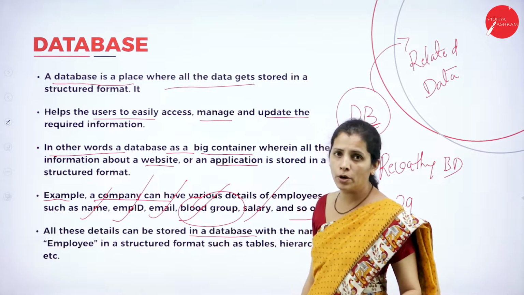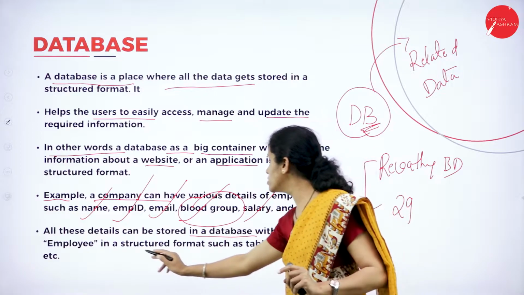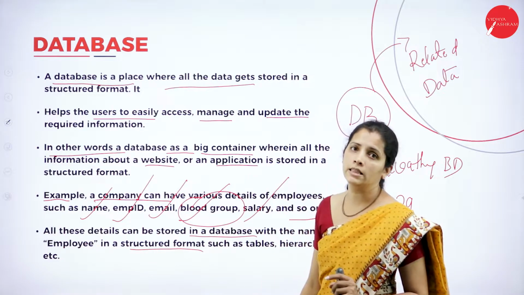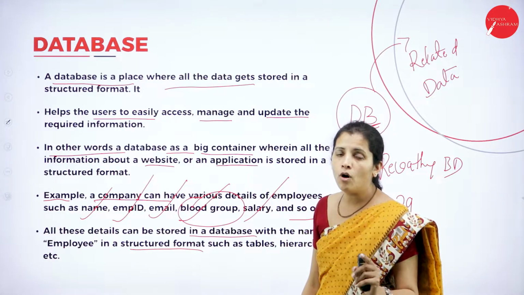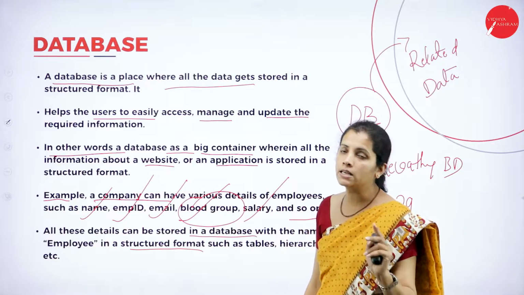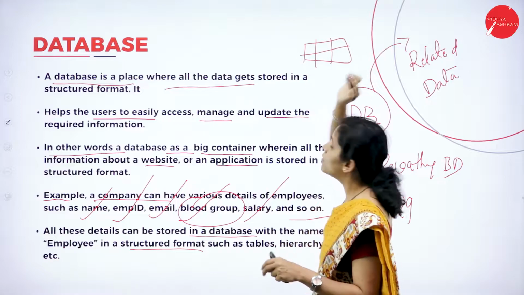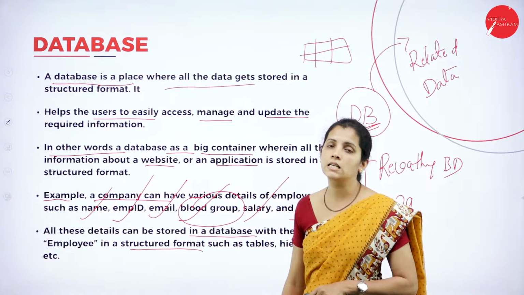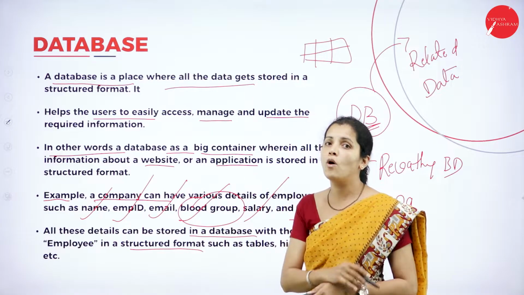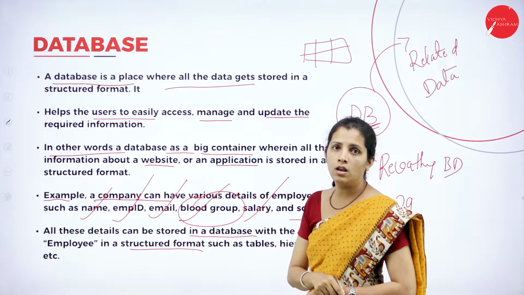And how am I going to store it? In a structured format. That is nothing but in the form of tables. When I say table, that is nothing but rows and columns. That means data is arranged in the form of rows and columns.